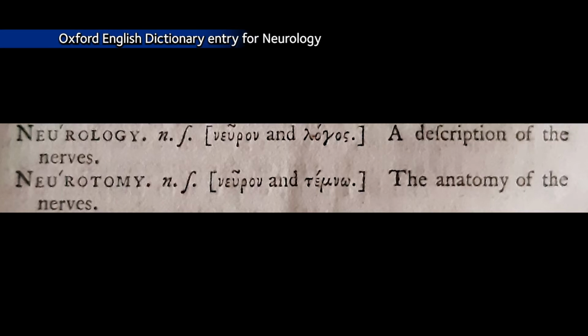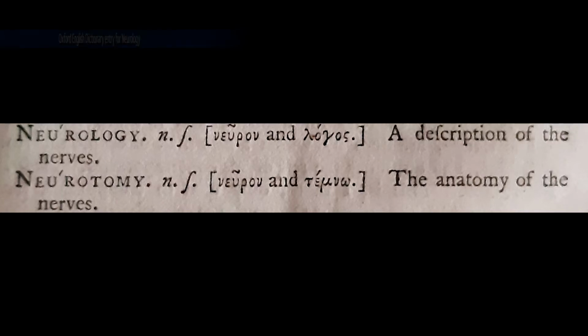And his writings, in fact, which include the first use of the word neurology itself, you can sort of trace back to the Oxford English Dictionary, which records Willis as the first person to have used the word neurology in print. And to my great interest, being a Greek Cypriot myself, in cerebral anatomy, the term appears in Greek as neurologia, which is neuro and logos.